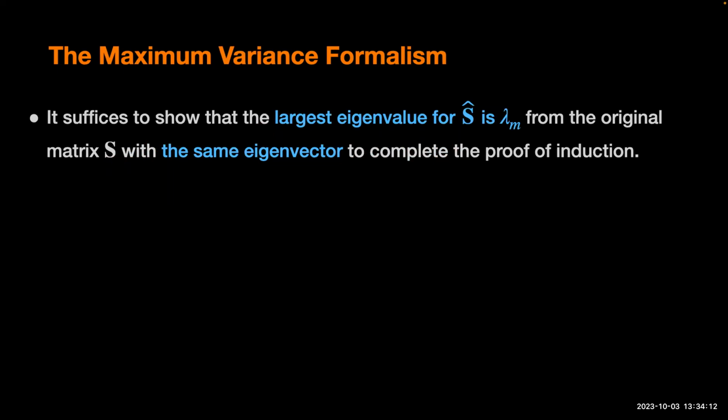Take a step back, there are lots of statements, right? We say that the m minus 1 case is correct, so I have projected my data into this (m minus 1)-dimensional subspace. I have the remaining information that I call X hat. I calculate X hat, and then I have the data covariance S hat, right?